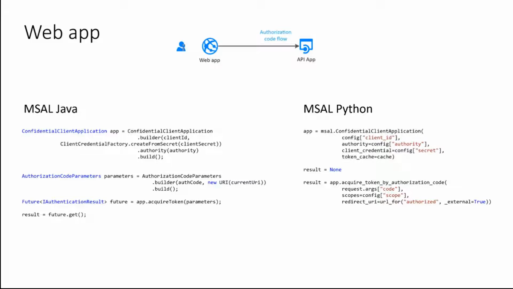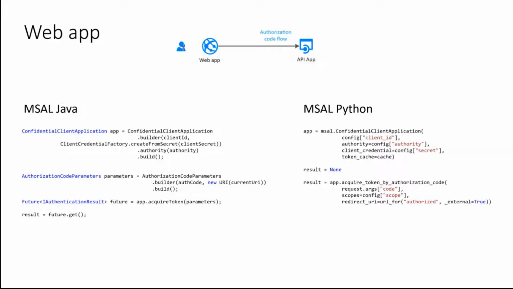So in MSAL, you would start with instantiating a confidential client application with a client ID and a client secret. You can also provide an authority. An authority here is basically the endpoint which includes the tenant in Azure AD where you want to authenticate users from.